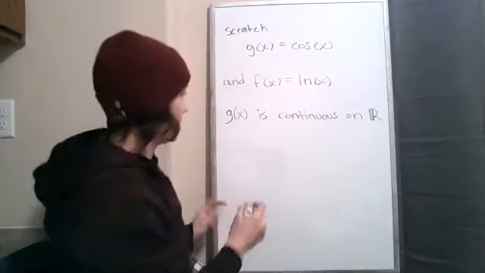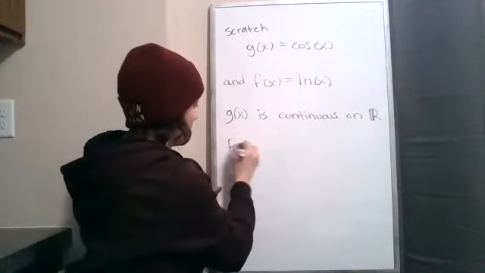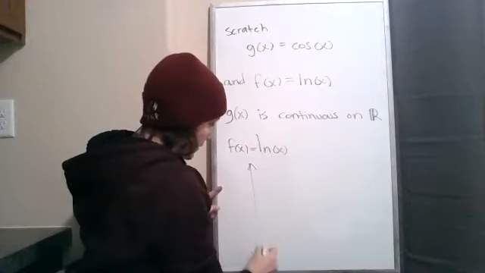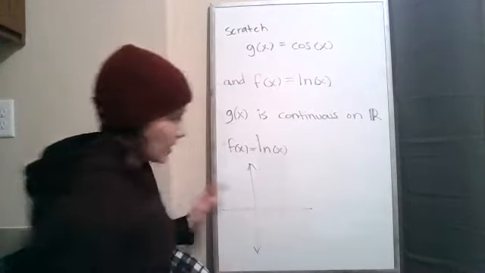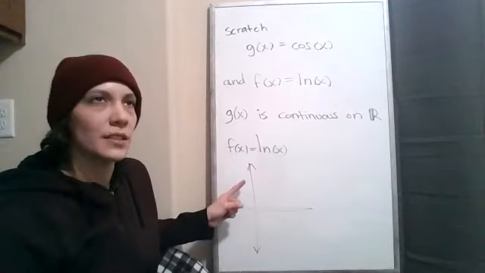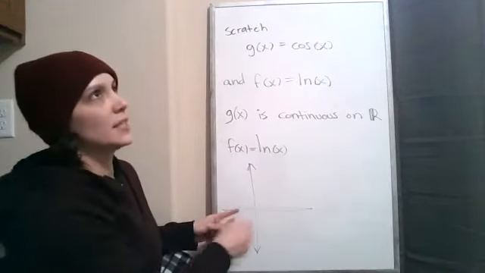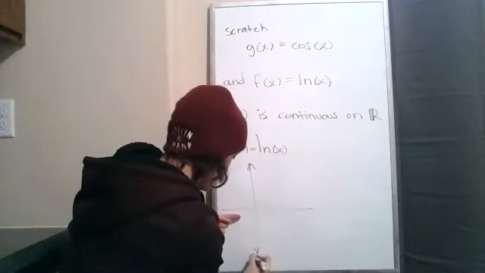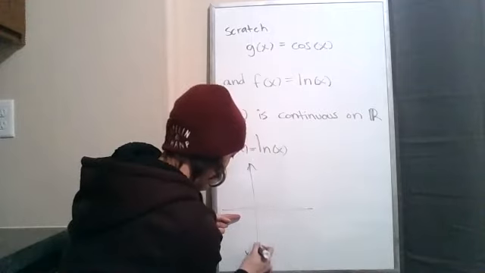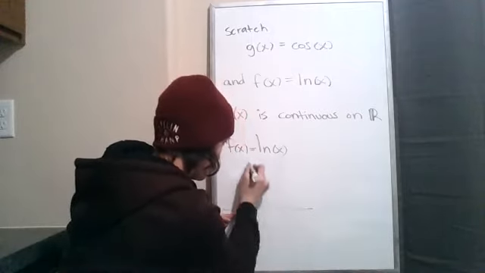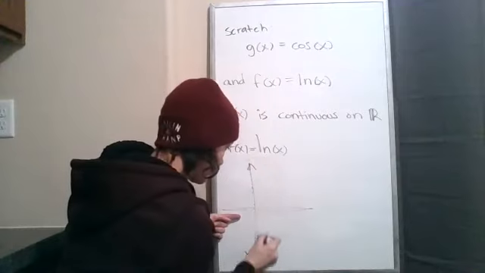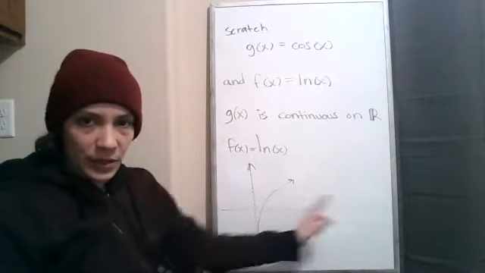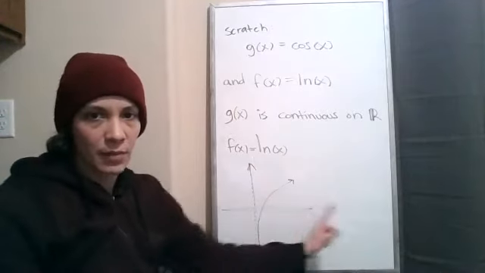For ln of x, graph. So vertical asymptote here, what's this? y is any number, so x equals 0. Comes up and over. So this will be continuous on its domain, which goes from 0 to positive infinity.